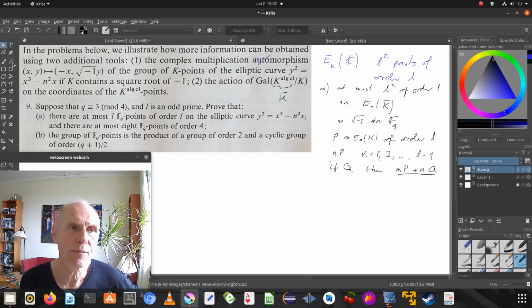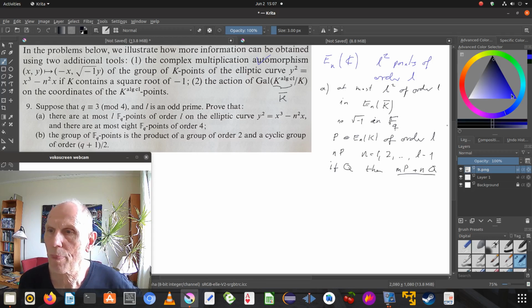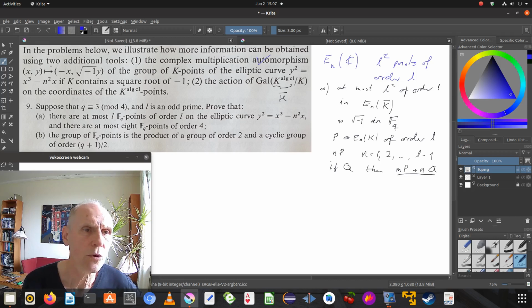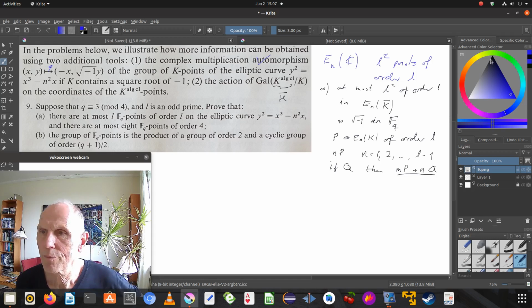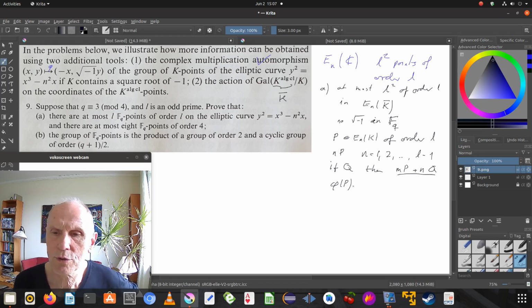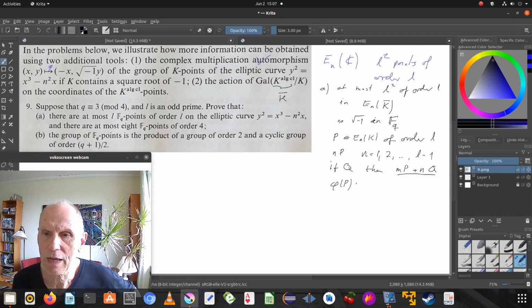And if we take one of them, say P, and then use this automorphism, which we'll call, what do we call an automorphism? Phi? Isn't that the convention? Then phi of P is a point of order L as well, and it will lie in the algebraic closure.